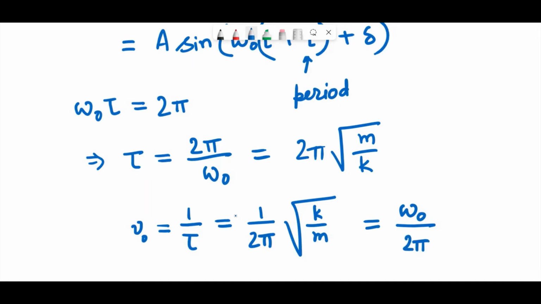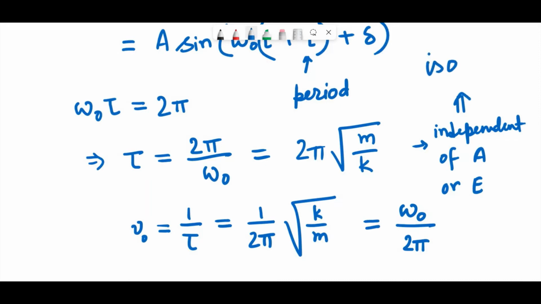Notice that the period here is independent of A. Equivalently, it can be said that the period is independent of the energy. When this happens, the system is called isochronous. So isochronous means the period is independent of the amplitude, or equivalently the energy.